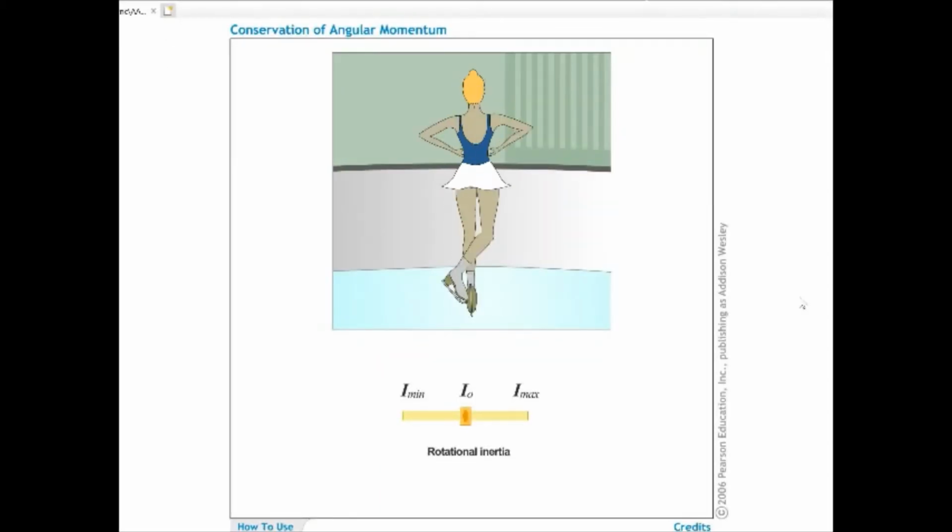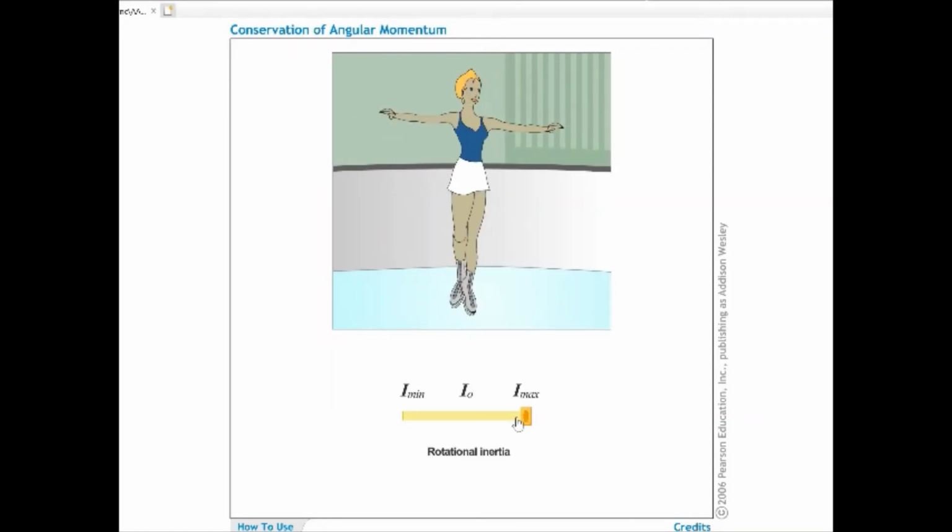Okay, so here we see an animation of a figure skater, and currently she has a moment of inertia, or rotational inertia, of I0. Recall that rotational inertia is a description of how hard it is for something to turn. If we increase her rotational inertia by having her put her arms out, this will make it harder for her to turn.